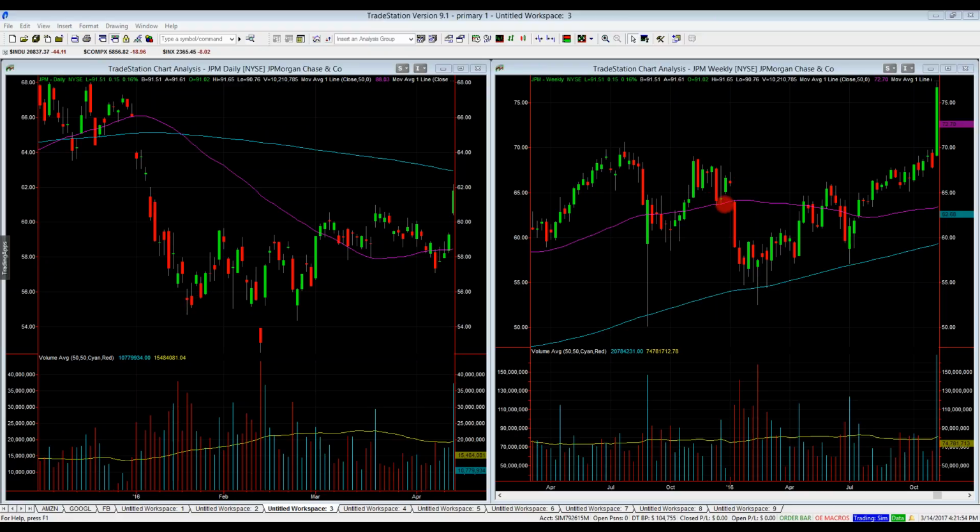So look over at our weekly chart on JPM. We lose the 50-week moving average at the same time as we lose the 50-day and 200-day moving average. So again, kind of that time frame collision, this time in a bearish instance. It's a bearish signal when we lose that 50-week aggressively along with the 50-day and 200-day.